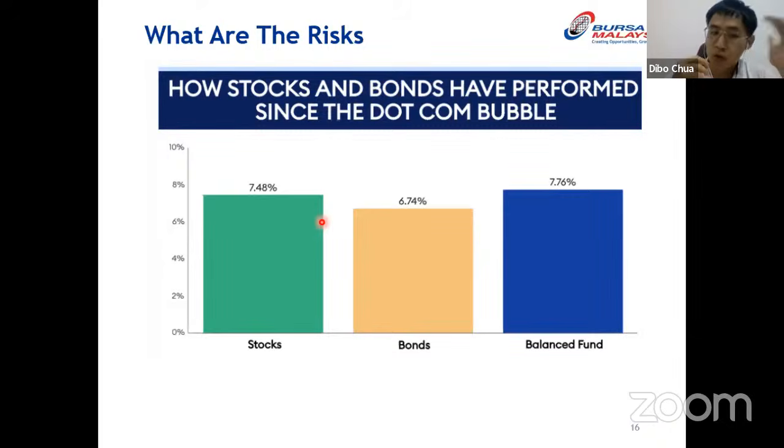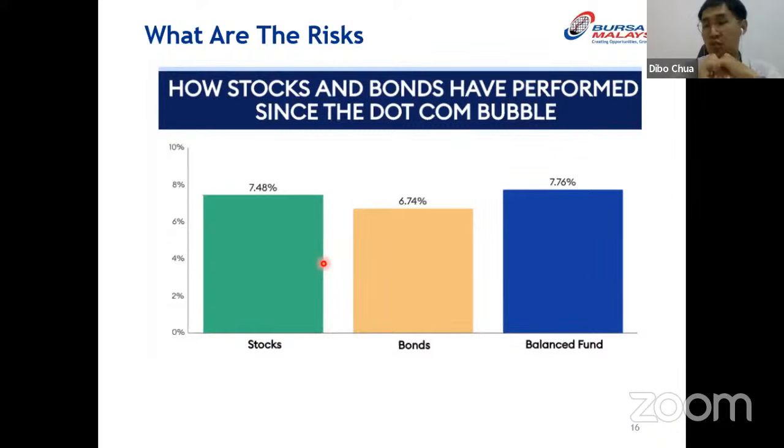But as we all know, because it's a dot-com bubble, it's a stock bubble. So supposedly for stocks, it would be a very bad time, because back then stock prices were very high. They took a very big hit on their investment. Because of that, as you can see, the stock return is much lower compared to just now, the 2008 subprime crisis, the Great Recession. It's only 7.5.